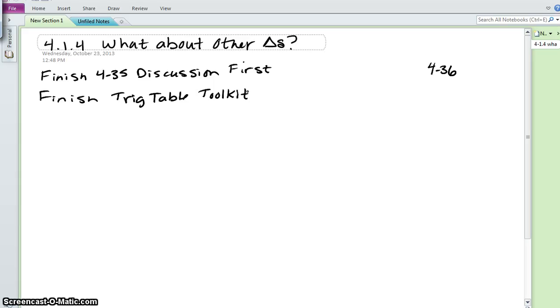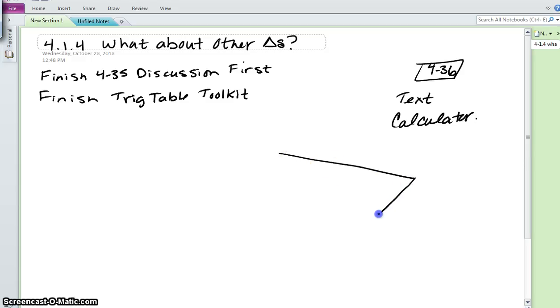When you have finished those, please have a textbook, please have a calculator, and go ahead and draw the triangle, the right triangle that you're given in exercise 4-36.